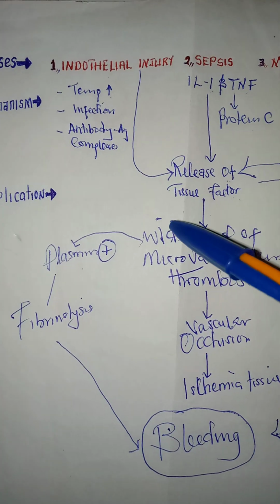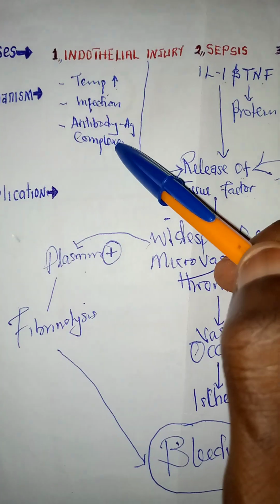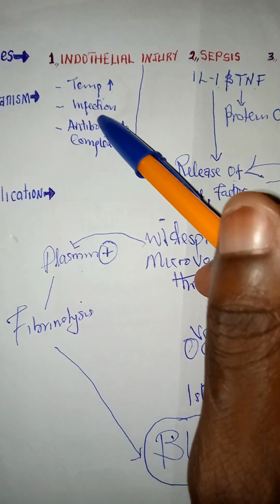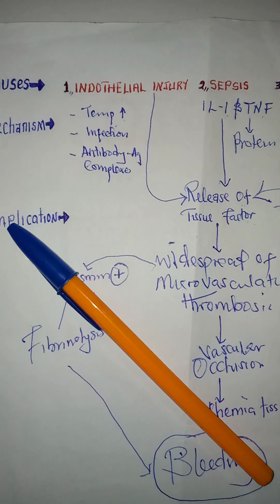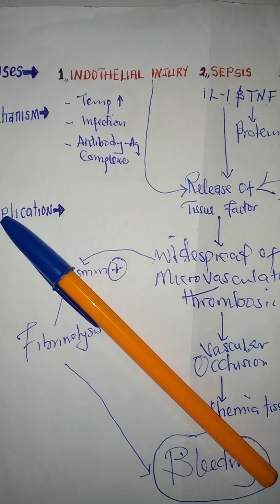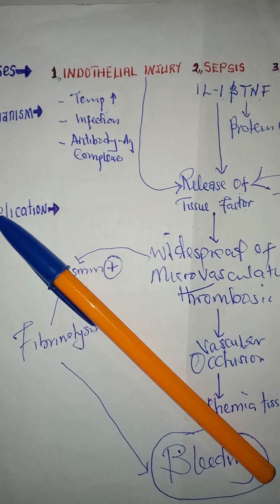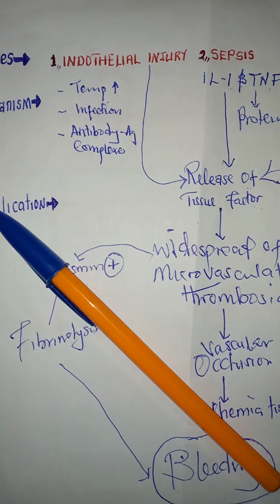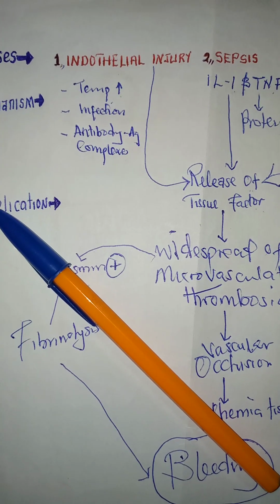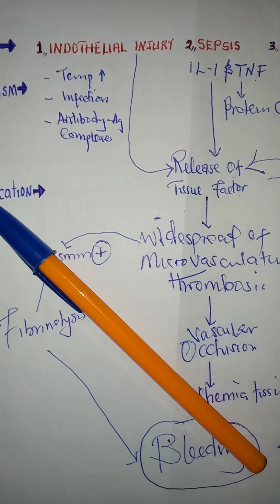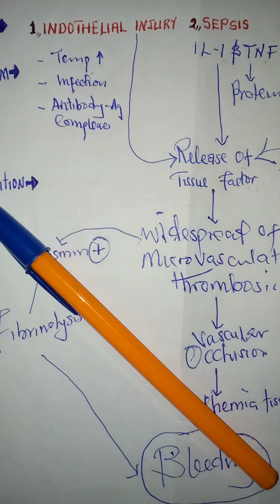Apart from that, antibody-antigen complexes, which are seen in type 3 hypersensitivity. In conditions such as systemic lupus erythematosus, there is deposition of antibody-antigen complexes in blood vessels or tissue. This will trigger endothelial injury.